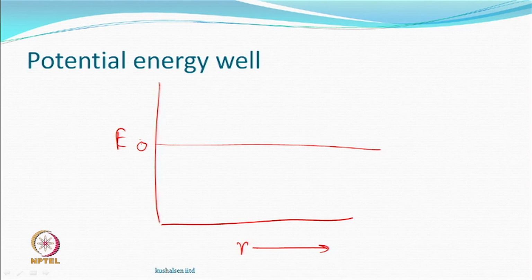I hope you can recall this kind of curve. And this, let us say, is the interatomic distance between two atoms. What this curve is showing is that if the distance is large, then the energy levels are close to 0.